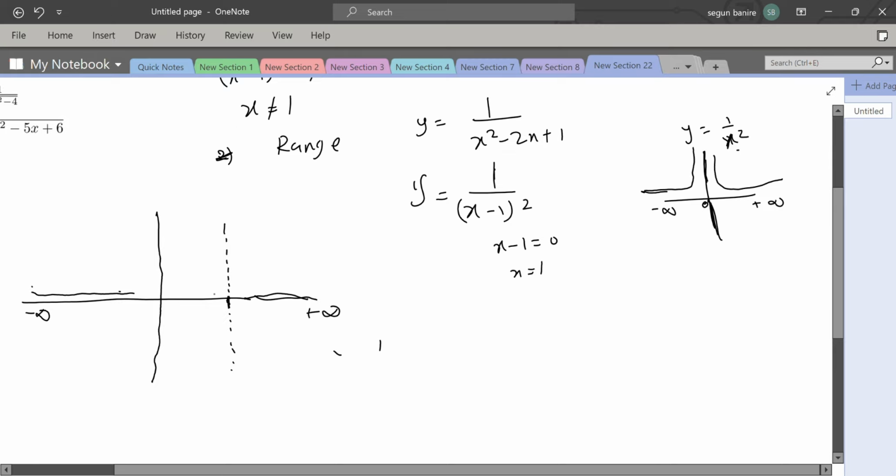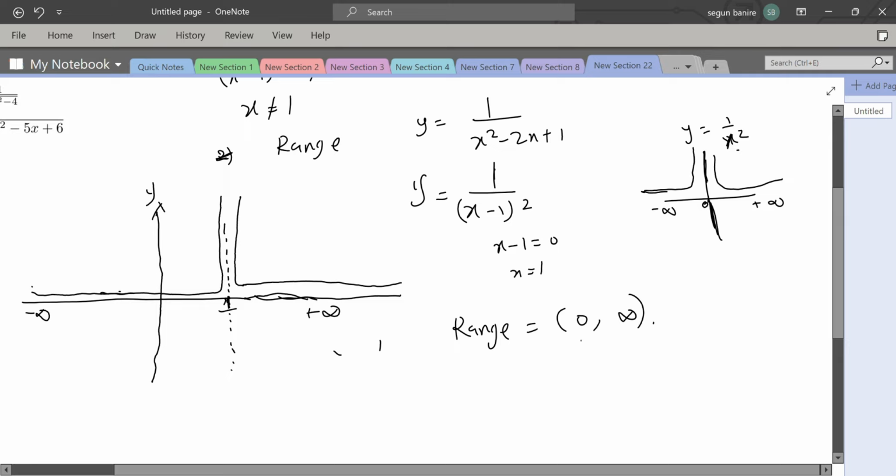Then when you are moving closer to 1, it will be tending to infinity continuously. Same thing from this other side too. As you are approaching 1, the fraction will be getting bigger. You can compute it with your calculator. It will be approaching infinity like that. So the range now will be greater than 0, because it's approaching 0 and it's also tending to infinity. So that is the whole range.